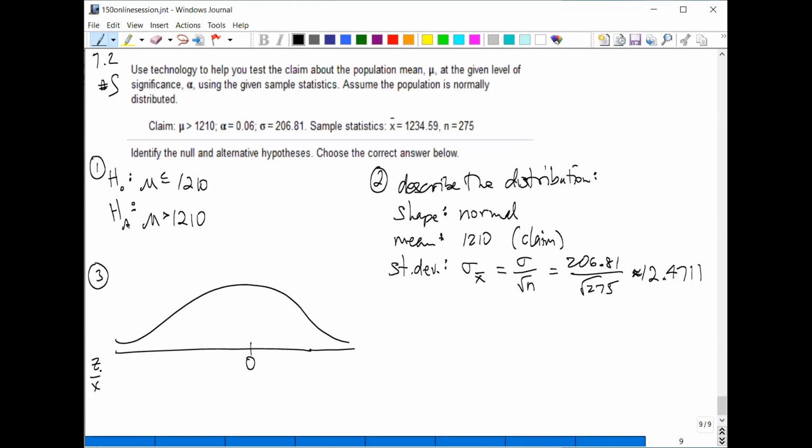Now, what's interesting is that we don't have an actual mu, we have a claimed mu. So the claimed mu, we want to know, is it 1210 or is it, as the alternate hypothesis suggests, actually bigger? So if we take mu to be 1210, then we mark off the X bar that we get, which is 1234.59.